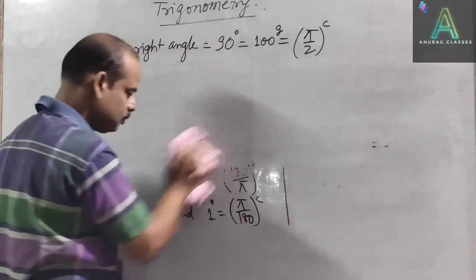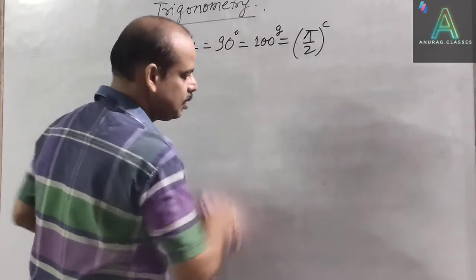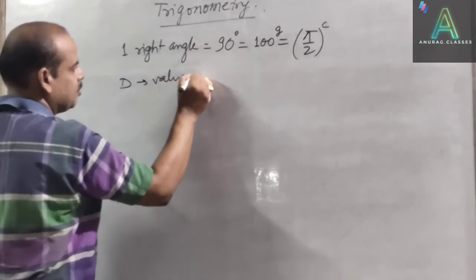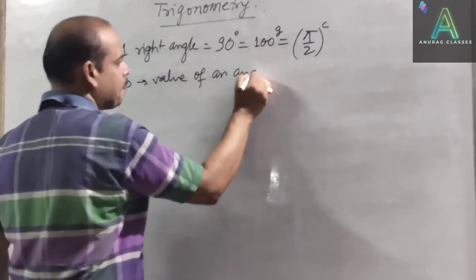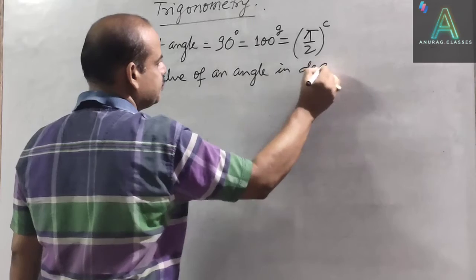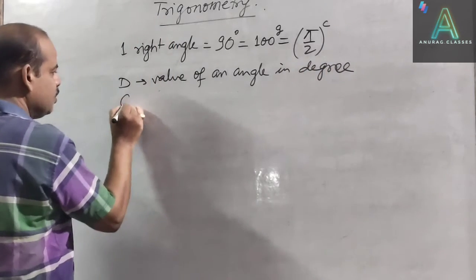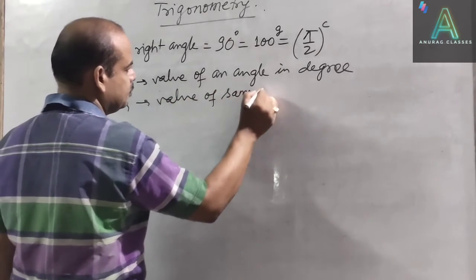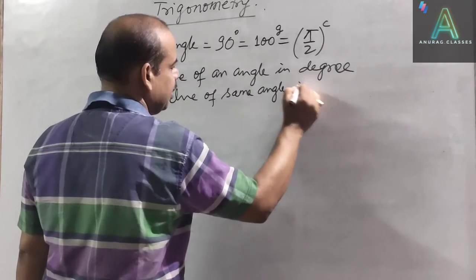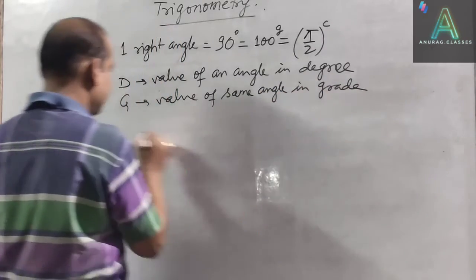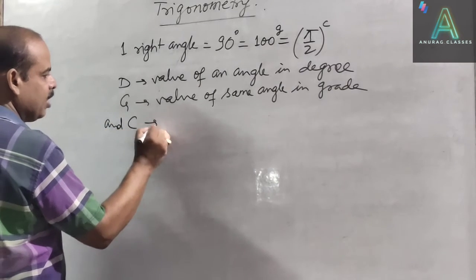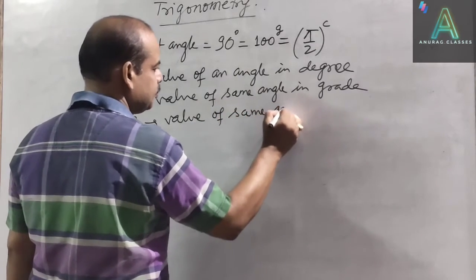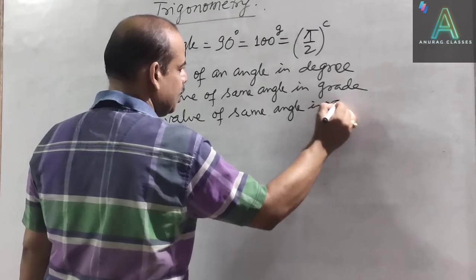Suppose d is the value of an angle in degree, g is the value of same angle in grade, and c is the value of same angle in radian.